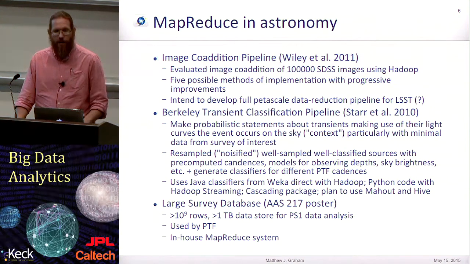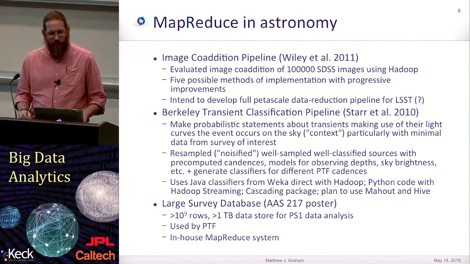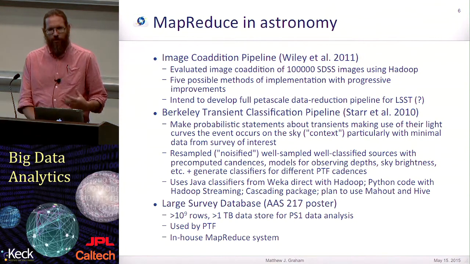The MapReduce algorithm using Hadoop, which is an implementation of MapReduce from Apache, allows you to do this. Using that infrastructure, they were able to do this task which would not have been traditionally computationally possible.